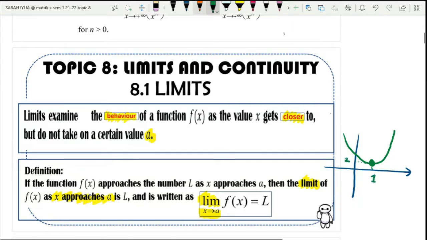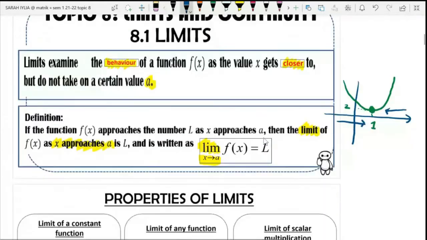Kita bukannya nak tengok exactly kat 1 tu apa jadi. Kita nak tengok when it approaches 1, dari kiri ke dari kanan ke tak kisah, apa jadi kat function tu. Itu bezanya limit dengan apa yang selalu awak cari sebelum ni lah. So kita akan tengok bila dia menghampiri the value of x, what happened to our function. Okay. So that's basically definition.